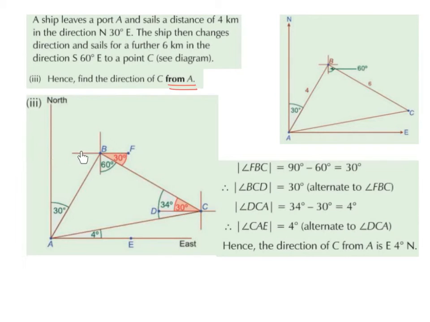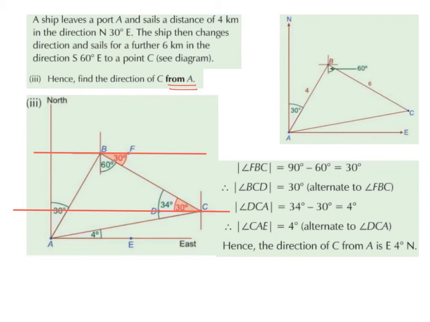Now if we were to extend this line and extend this line, we would form two parallel lines, which can be seen here. And the line BC now becomes a transversal. So if this angle here is 30 degrees, then this angle here must also be 30 degrees, because alternate angles are equal. So angle BCD must be 30 degrees, because it's alternate to angle FBC, which is up here.